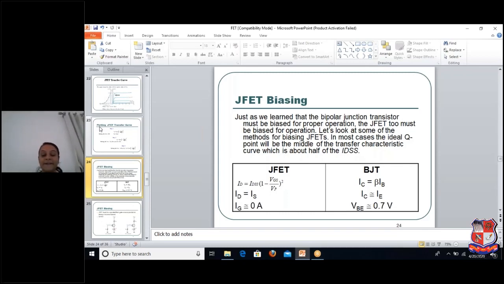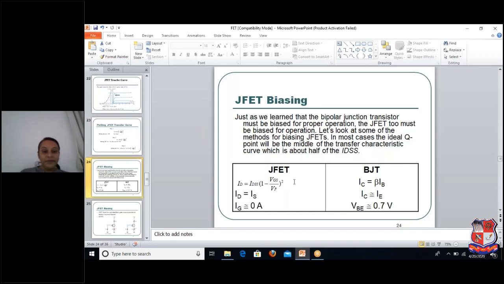What is the 0.7 volt VBE? It is your cutoff voltage, because after that cutoff voltage your output current starts increasing linearly. 0.7 volt is the cutoff voltage for silicon, and 0.3 volt for germanium.